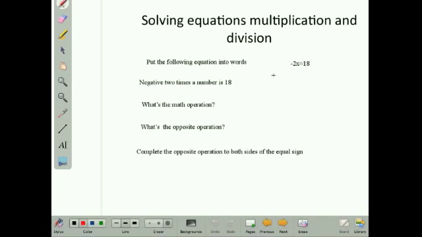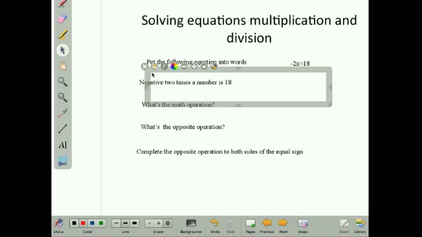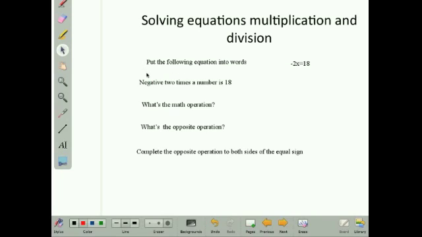Alright, so we've got another problem. I think it's important that you understand what this says. So if you put this in the form of an equation, it says negative 2 times some number we don't know, we're going to use x, is 18.